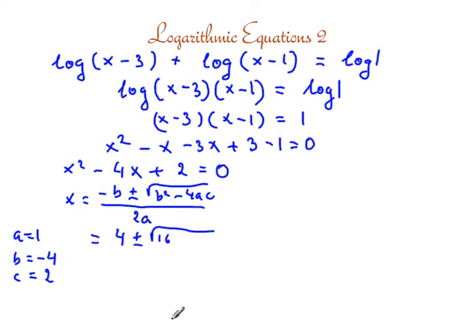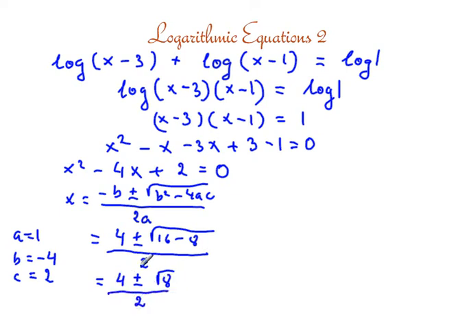So 16 minus 4 times a times c. So 4 times 1 times 2, 8. Wonderful. Divided by 2 times a, divided by 2. So 4 plus or minus the square root of 16 minus 8, 8. So square root 8, divided by 2.